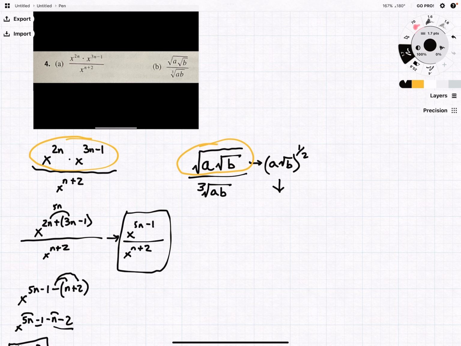And so that's equivalent to A root B all to the 1/2 power, which is also the same as saying A to the 1/2 times root B to the 1/2. Well, the square root of B is also the same thing as saying B to the 1/2. So we could have B to the 1/2, to the 1/2 power.